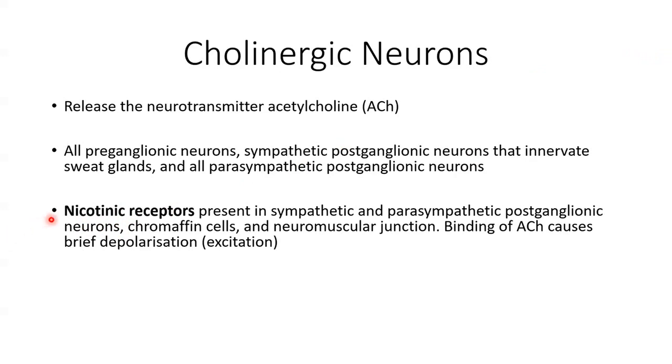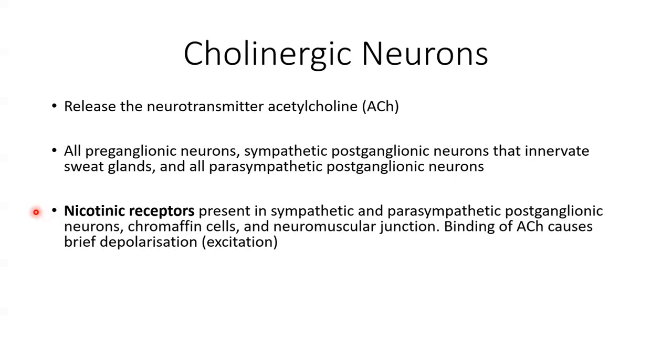Our nicotinic receptors are found on both our sympathetic and our parasympathetic postganglionic neurons. They're found on the chromaffin cells in the adrenal medulla and on the surface of the muscle at the neuromuscular junction. The neuromuscular junction is that synapse between a neuron and a muscle, which we'll learn all about next when we talk about the muscular system.